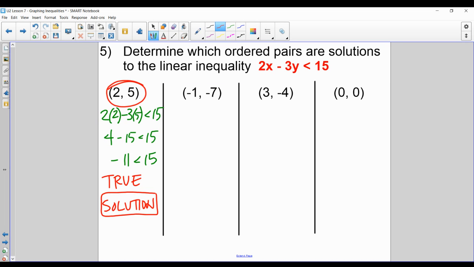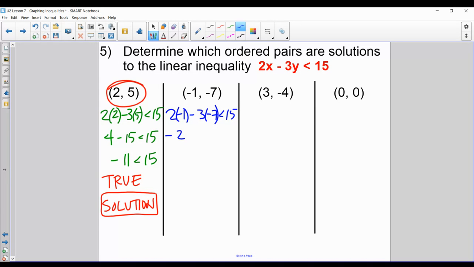Okay, let's look at one more. If I plug in -1 and -7, so I have 2 times -1 minus 3 times -7 less than 15. So I get -2.